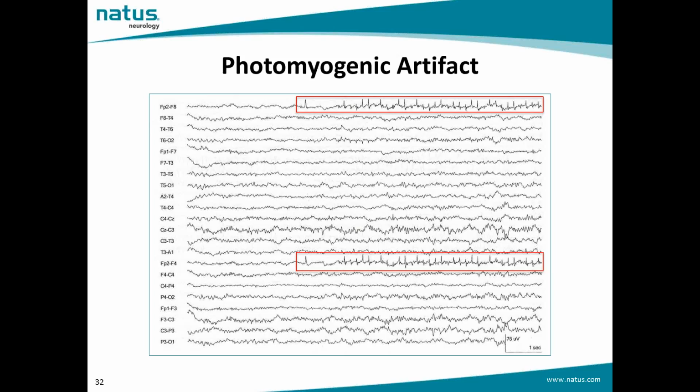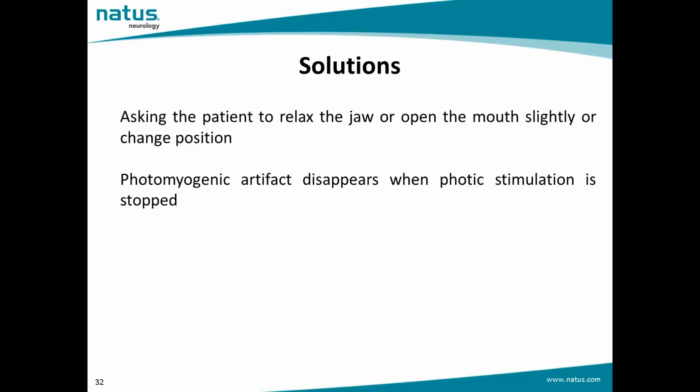In this example, the artifact is generated by a 6 Hz photic stimulation, and the stimulations are transient across the frontal region that reflects involuntary muscle contractions. Generally, it may be present with eyes open or closed, but tends to occur more often with eyes closed.